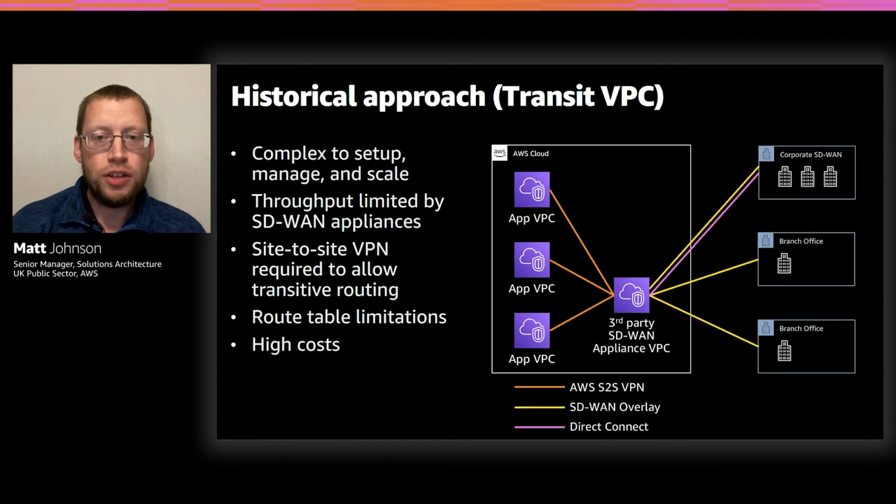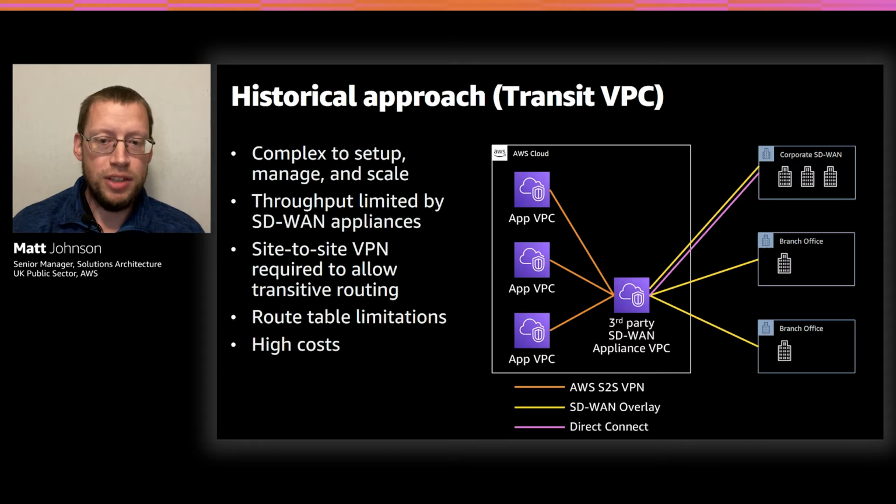So in the past, we've used a pattern that we've called Transit VPC. This has been quite complex to set up, manage, and scale, and was typically limited by the throughput available on the SD-WAN appliances because it was an EC2-based service. So as we look at the diagram, we can see that we have those third-party appliances in the appliance VPC. We have it connected to a couple of branch offices and a corporate SD-WAN hub.